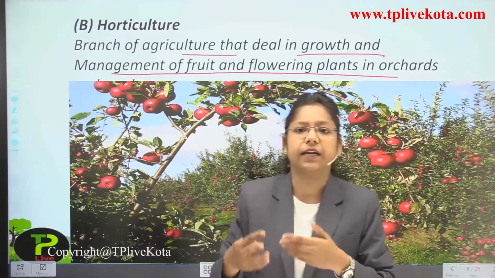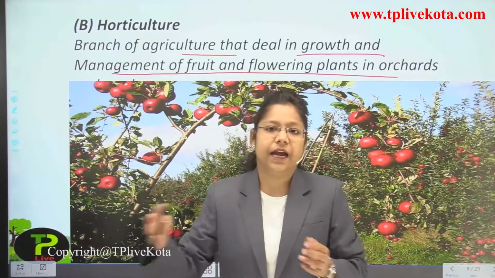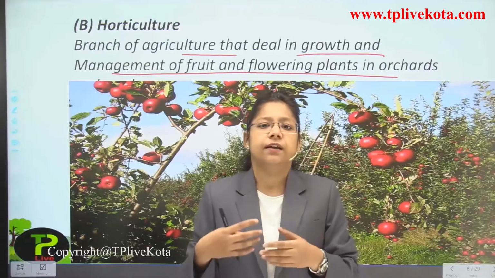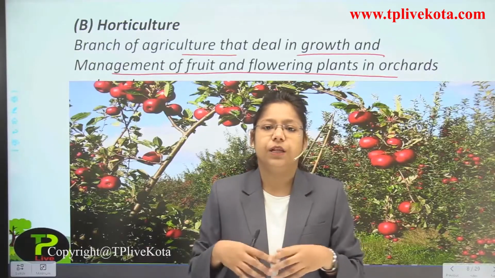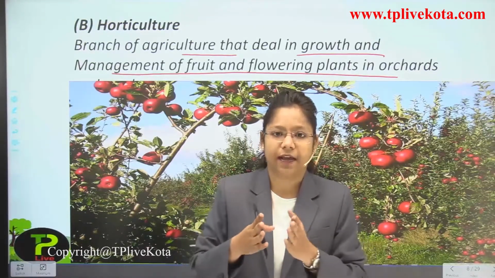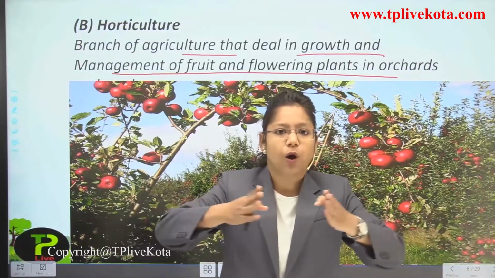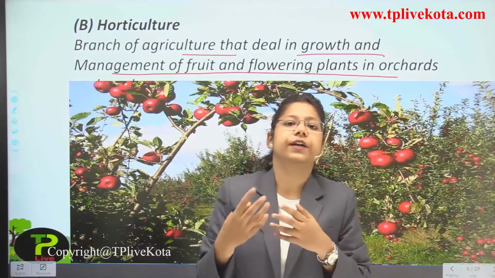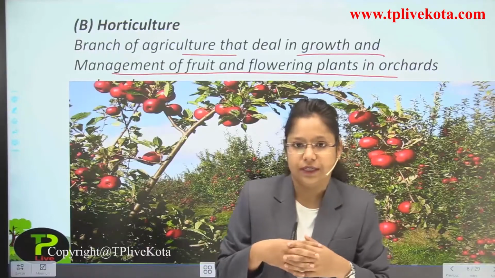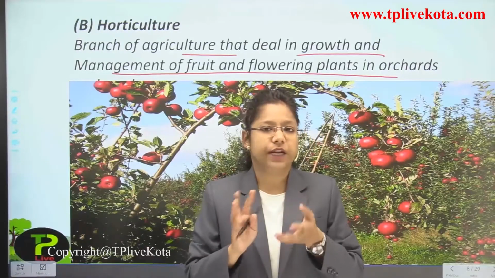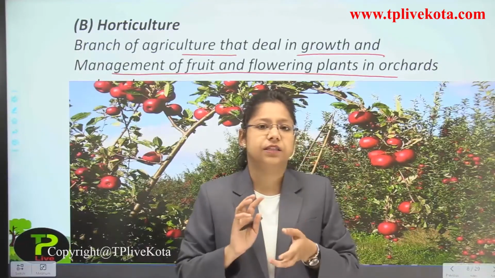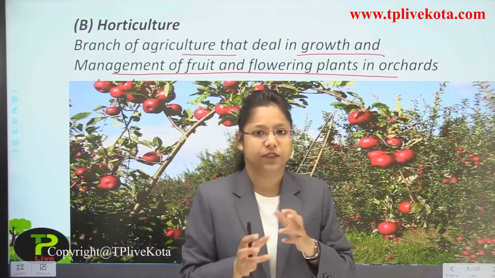We can make it in our nearby area in our house also. You can see that some people have houses like that. They have made a small orchard over there, and they grow different types of flowers and fruits over there. So this is known as horticulture. We can practice this type of agriculture in our homes itself.